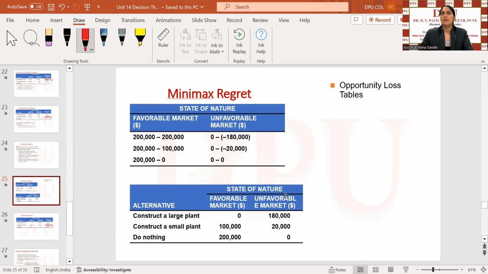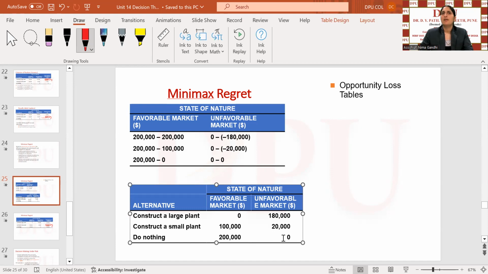So here, if the market remains unfavorable, the regret is that they have lost 1,80,000. This is the opportunity they have lost, the loss they have made.